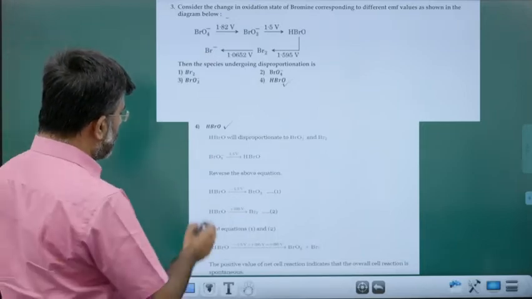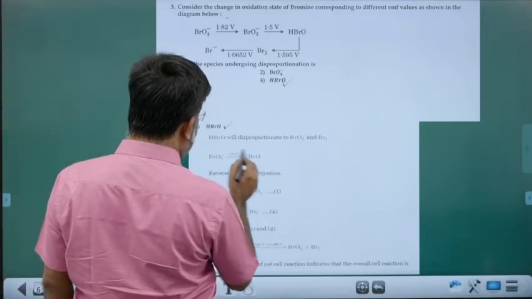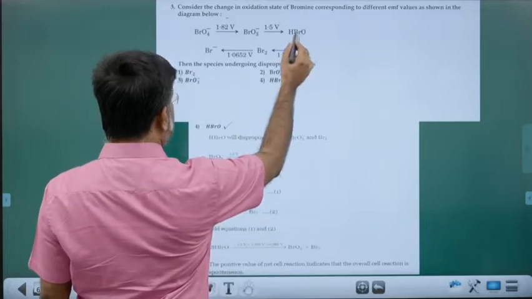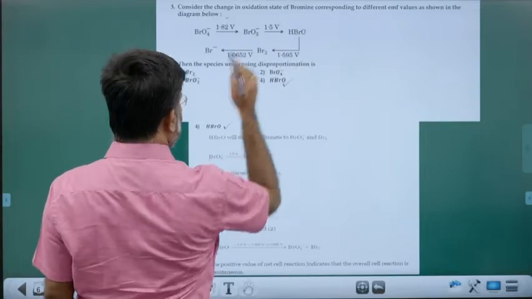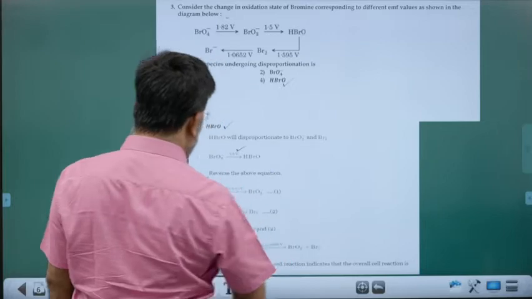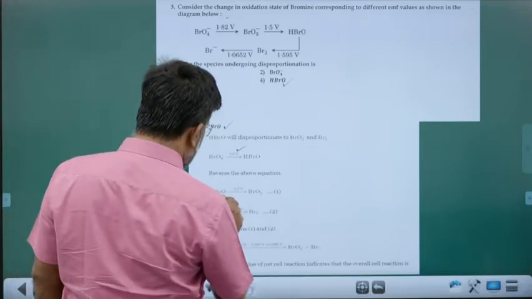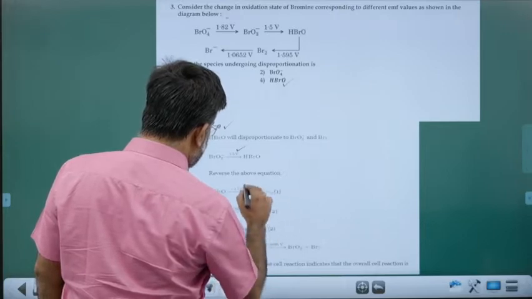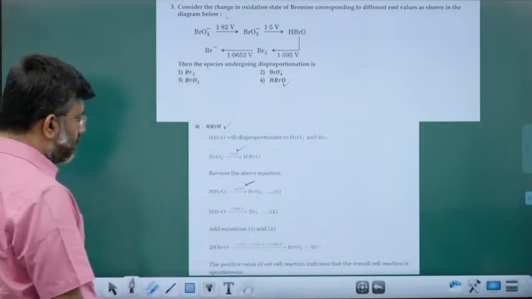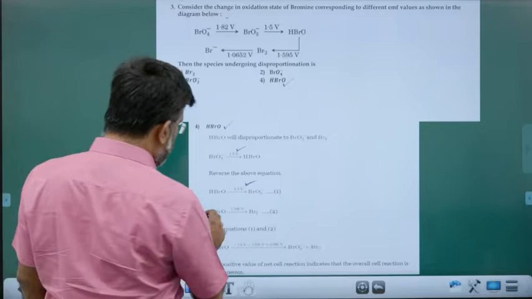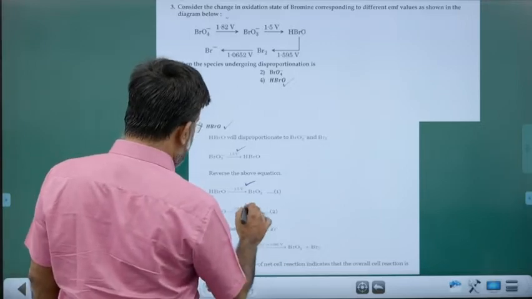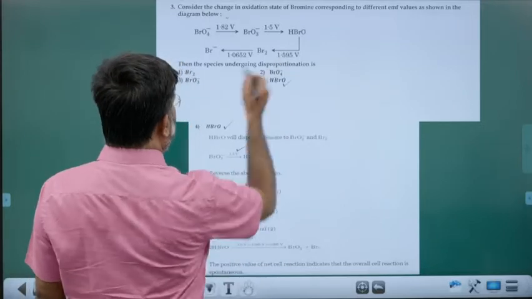You see, BrO3 minus converted to HBrO, the potential is 1.5 volt. Now upon reversing, HBrO giving BrO3 minus, you get minus 1.5 volt. Now HBrO giving Br2, the potential is 1.595 volt.